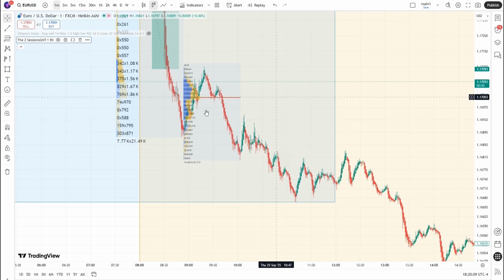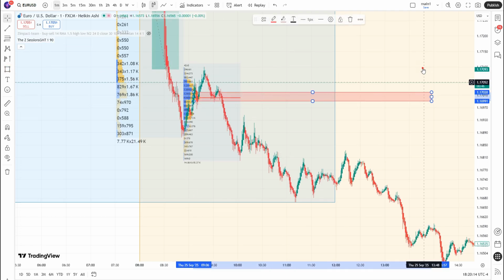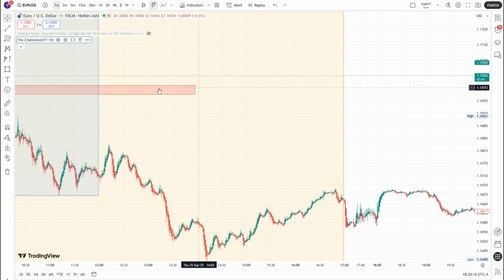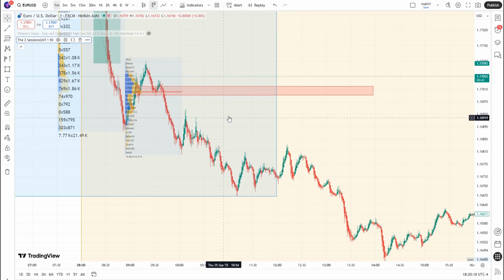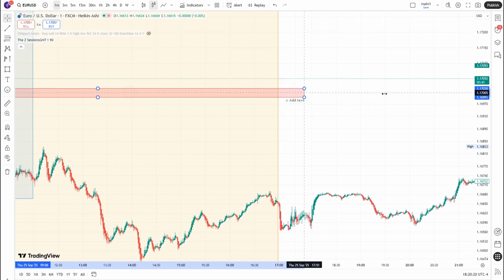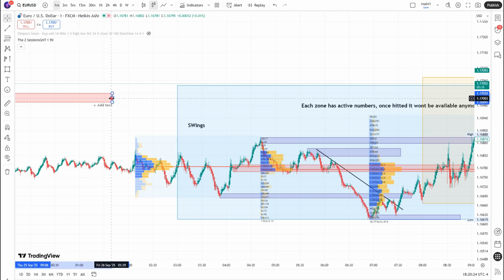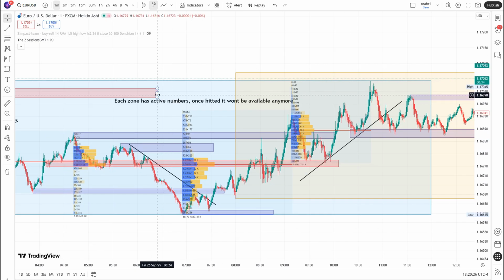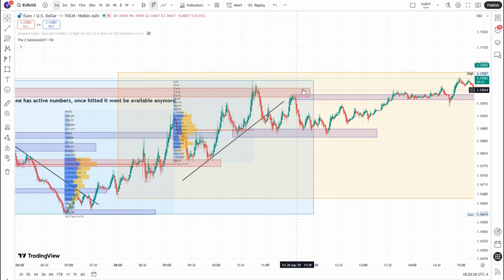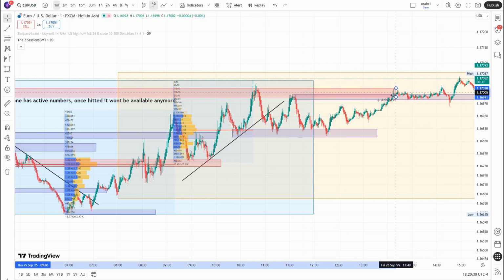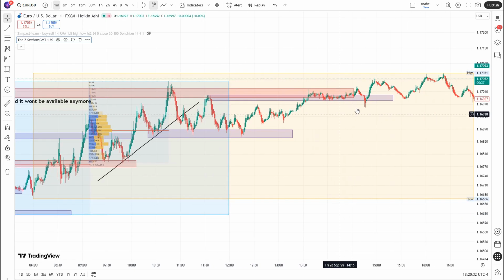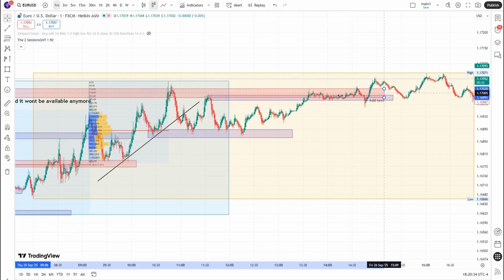Here again we have a zone. Let me draw it. As you can see, you can find a lot of zones. For example, let's see what will happen with this zone. It's very similar here. Yes, this zone was tested a lot here, and this is the last zone from that day we marked.